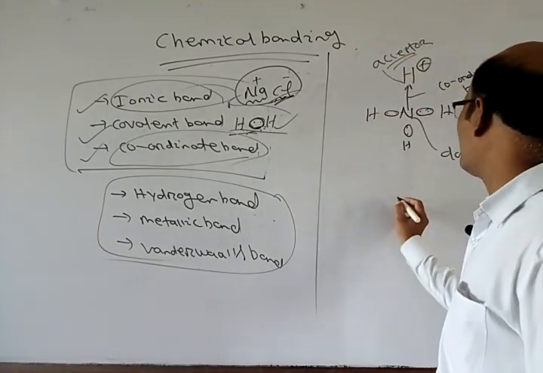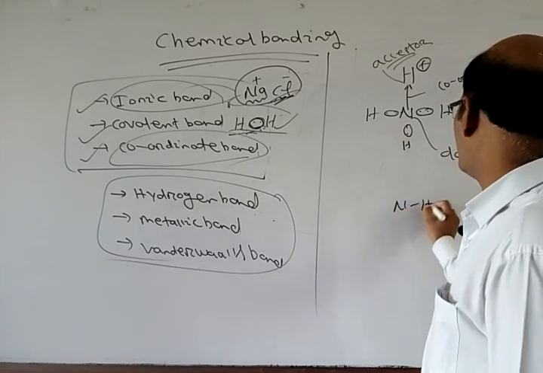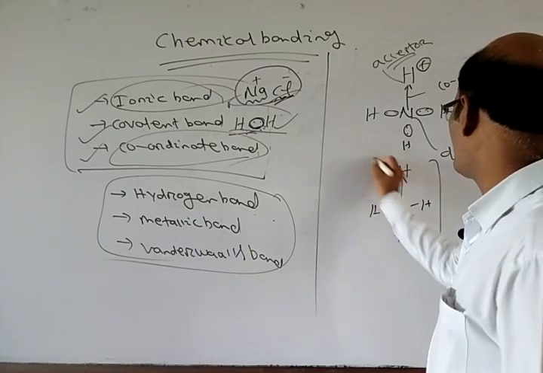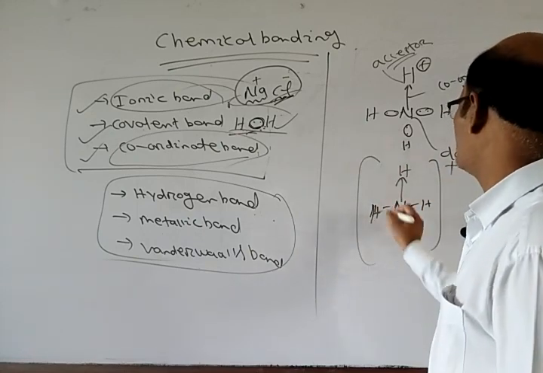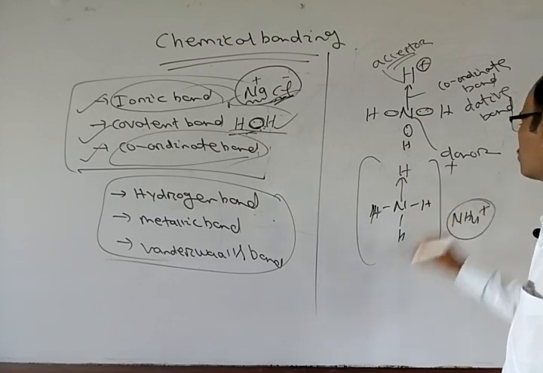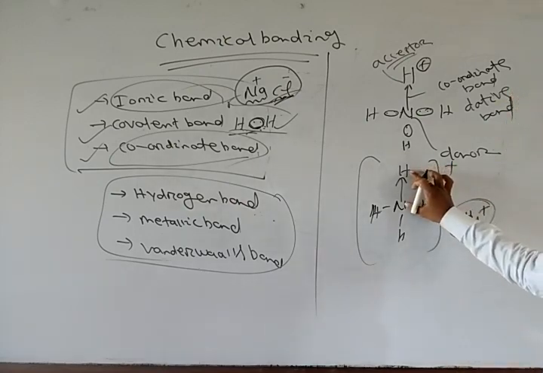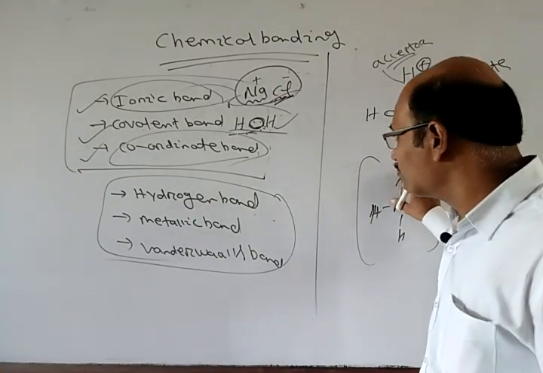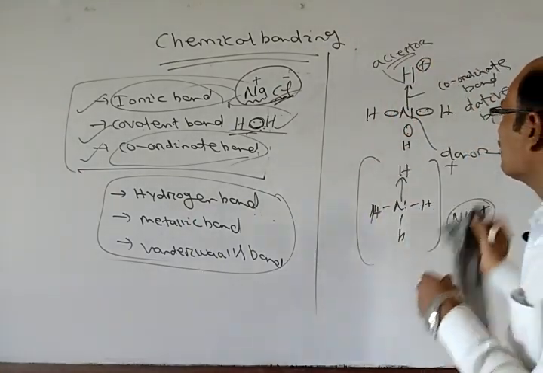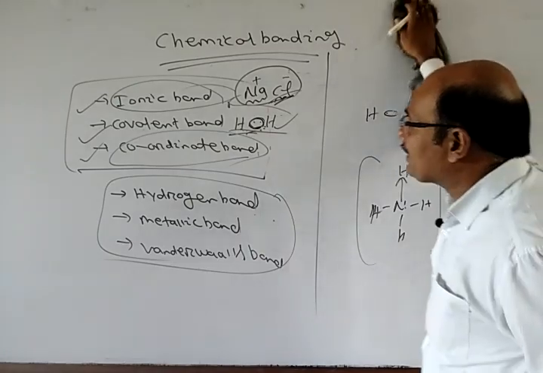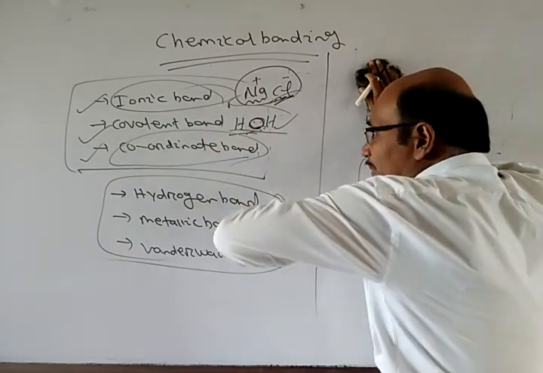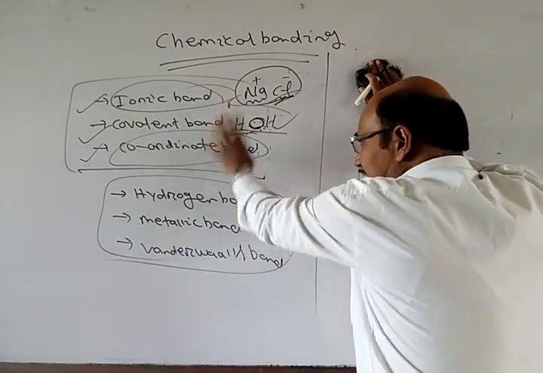Okay. And this you can write like this: N, H, H, H, H plus. It's called what? NH4 plus. So here this bond is the coordinate bond. So a pair of electrons is getting shared. Okay, so these are the different types of chemical bonds where the electrons are involved in transferring, sharing and shedding.